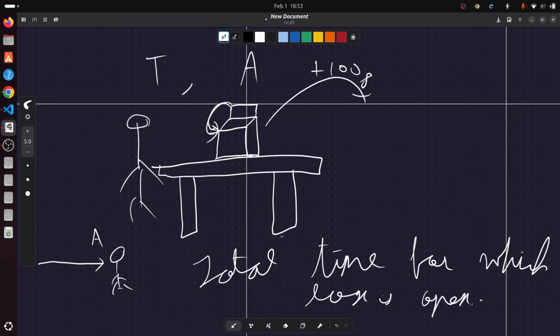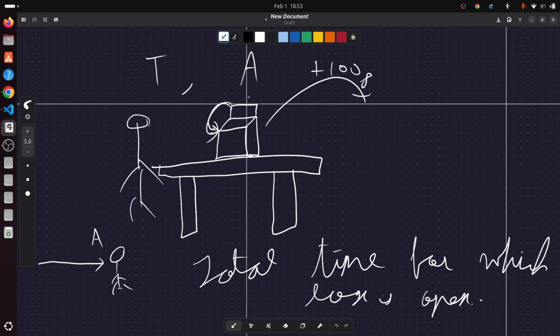And they have guaranteed that this person A never comes at a point where he's opening the box. Like, when he comes, let's say the box is open, Takahashi would close the box, and then after 100 seconds he would again open the box.